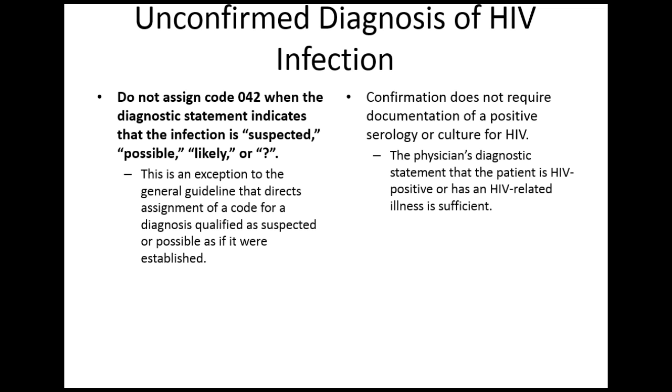As you're coding HIV and the related conditions, the confirmation does not require you to have the specific results documented within the record. It's sufficient for you to have the physician's diagnostic statement that the patient is HIV positive or has an HIV-related diagnosis.